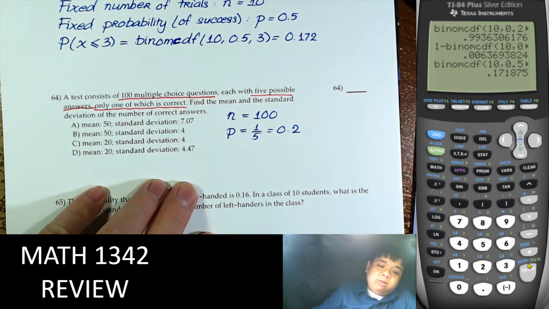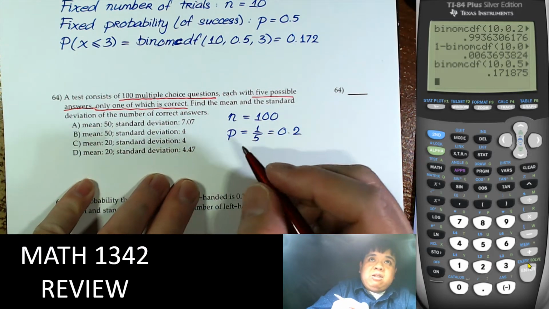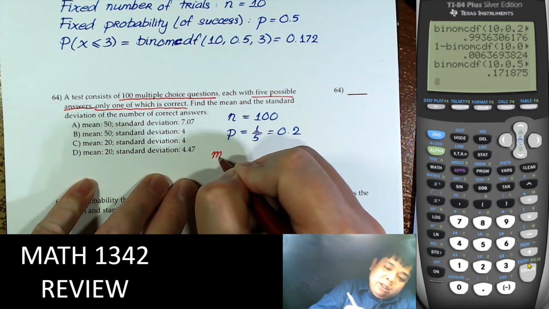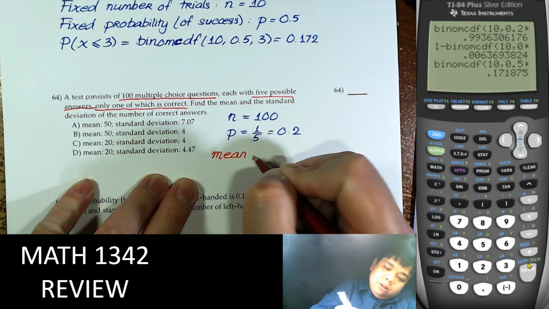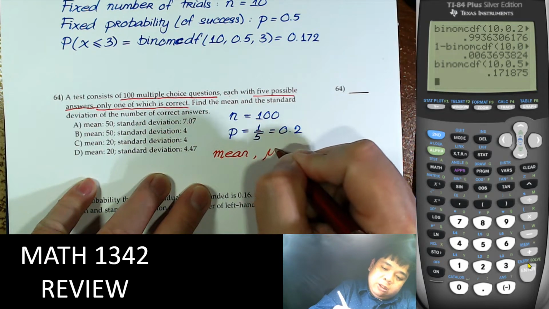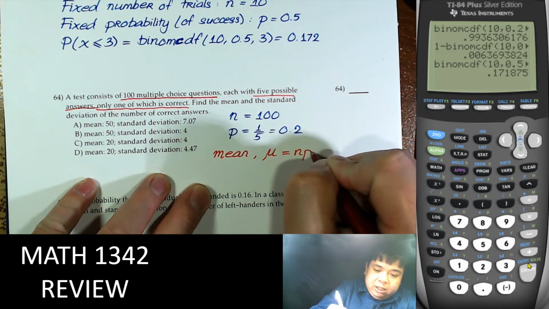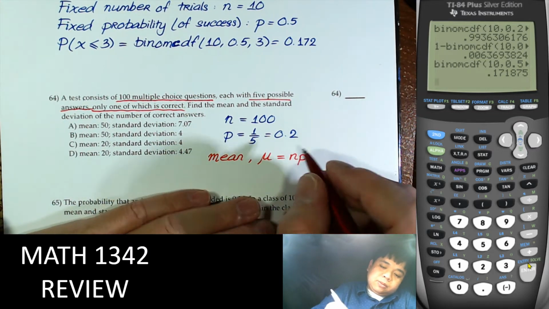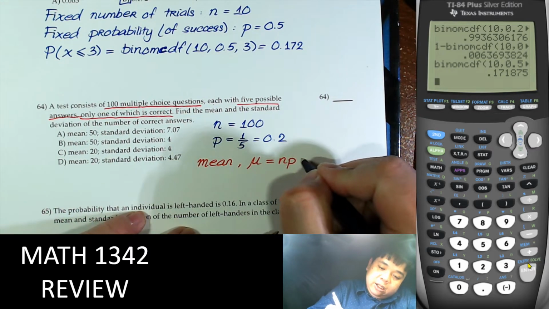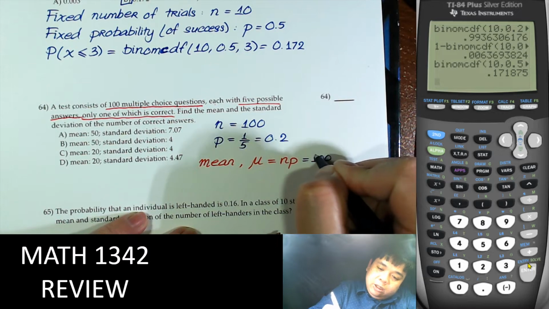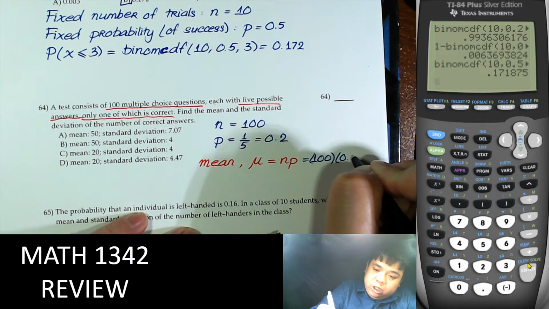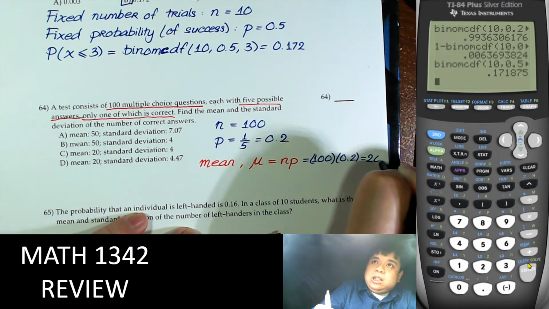This problem asks for the mean and the standard deviation. So the mean is just np. So we take 100 times 0.2, of course that is 20.